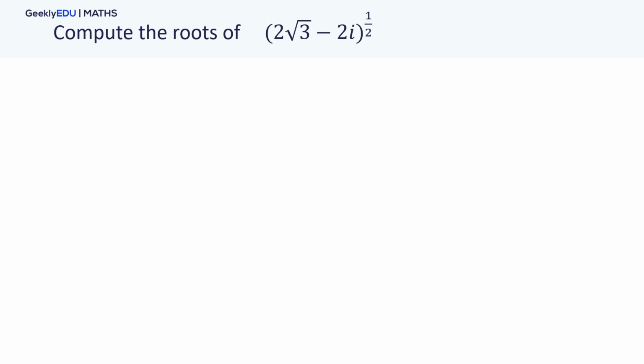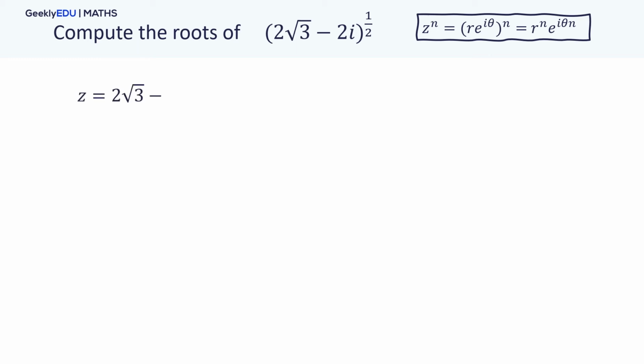In this problem, we want to compute 2 roots of this complex number, and we are going to use the polar form using Euler's formula. The first step is to define z, our complex number, and to represent this number in its polar form, we need to know the angle theta and also the norm r.